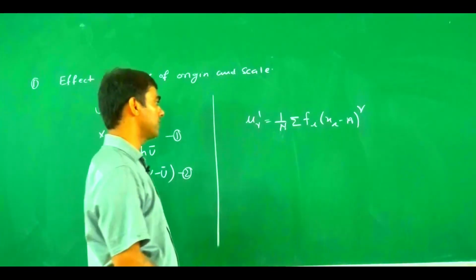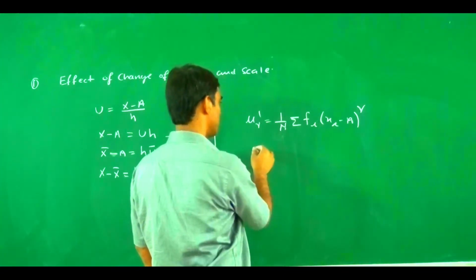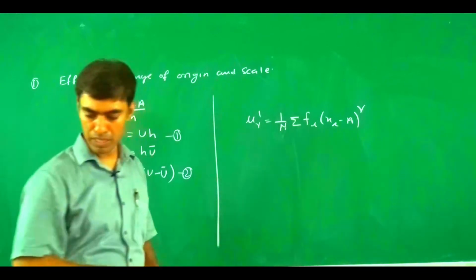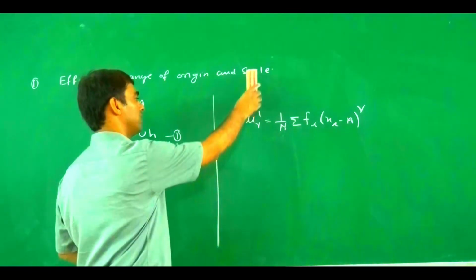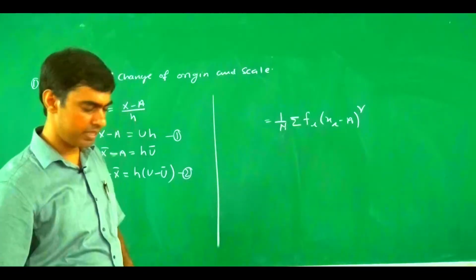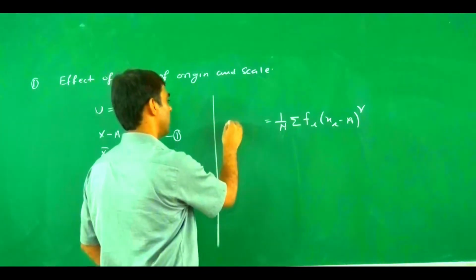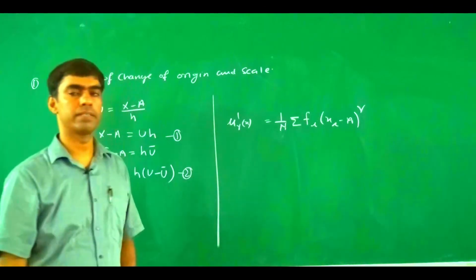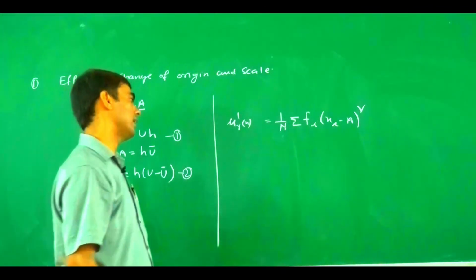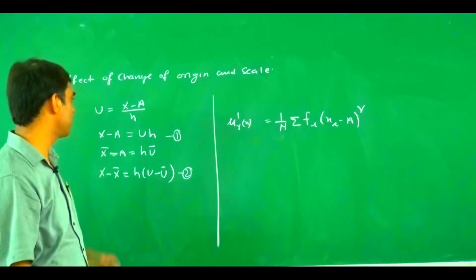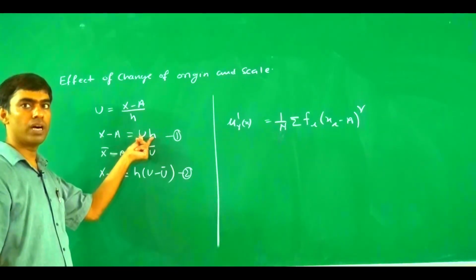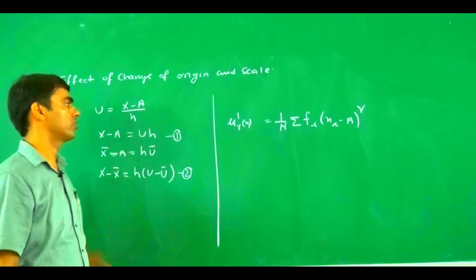Here we write mu r dash in terms of x. Now, what is the value of xi minus a? Xi minus a is h ui.